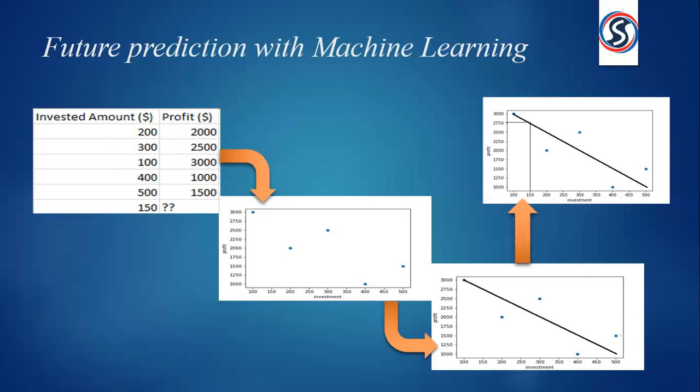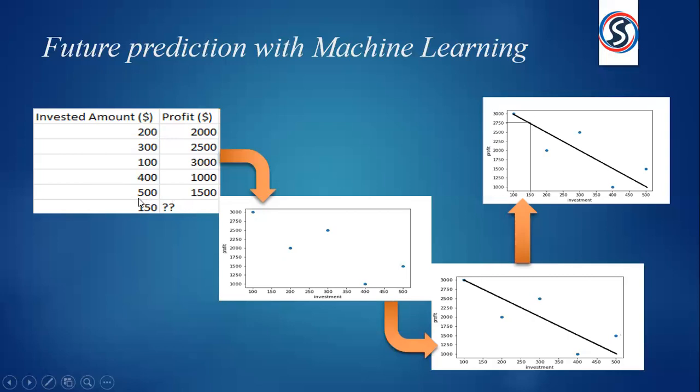This is where the prediction is done by machine learning. It is nothing but your future data. So what the data scientists will do is train this particular data with the help of machine learning algorithms.